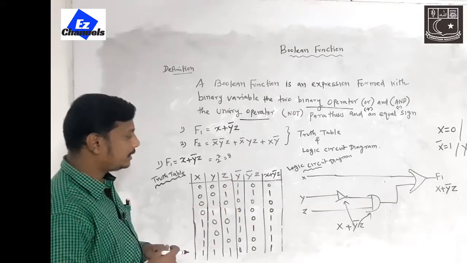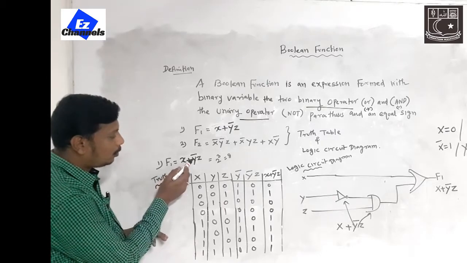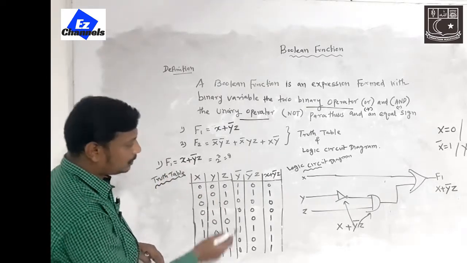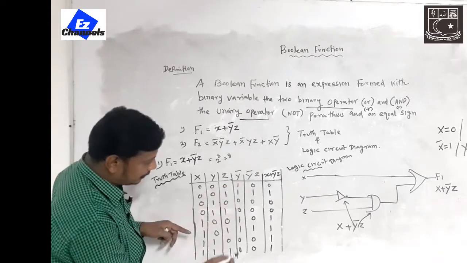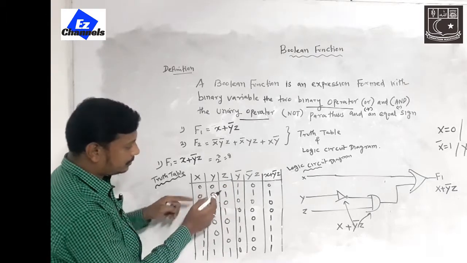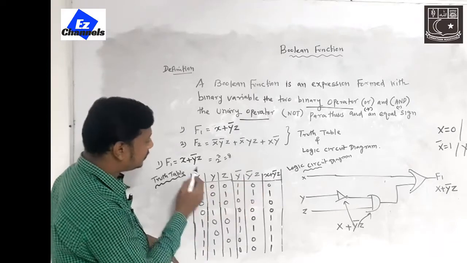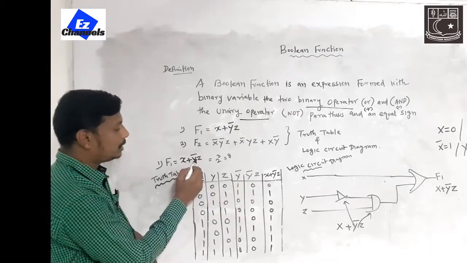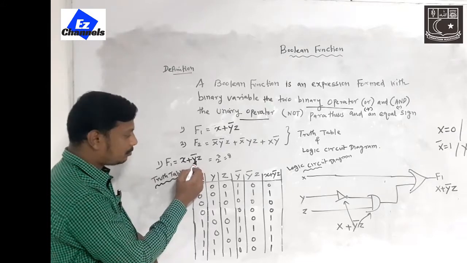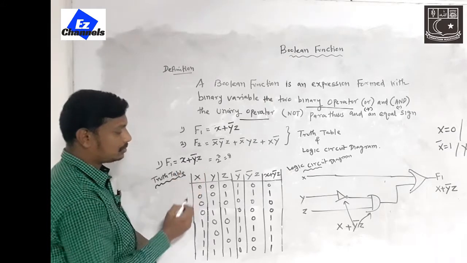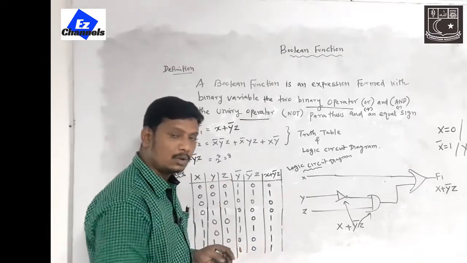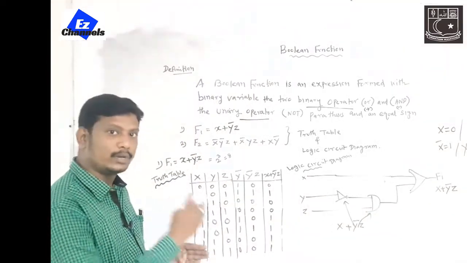After that, go to the y bar z value. The z value is already available. Y bar into z is the product, a multiplication. Already I explained multiplication: 1 into 0 is 0, 0 into 1 is 0, 1 into 1 is 1.